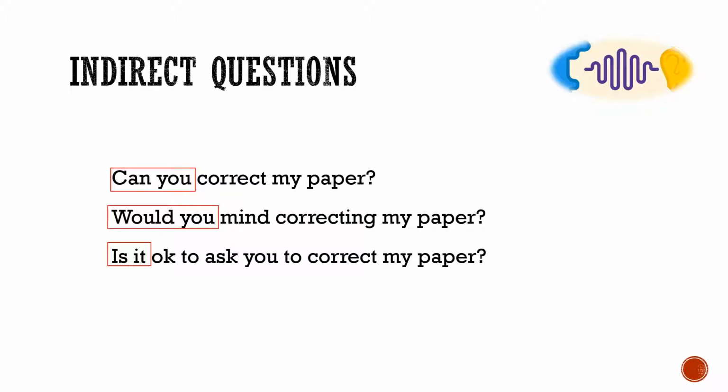We can make these indirect questions even more polite. And one way to do this is by embedding the clause. If you're not sure what a clause is, you can see that on another video here. Simply put, a clause is a subject and a verb.